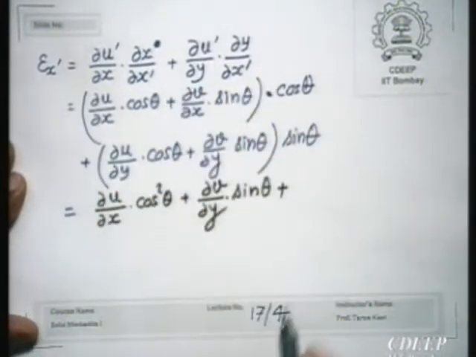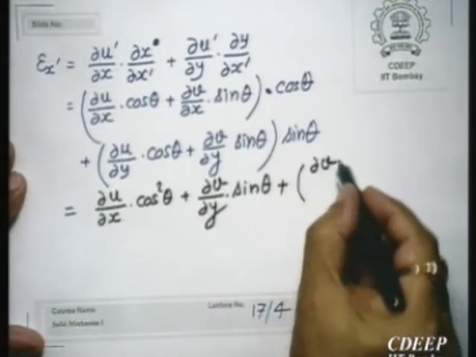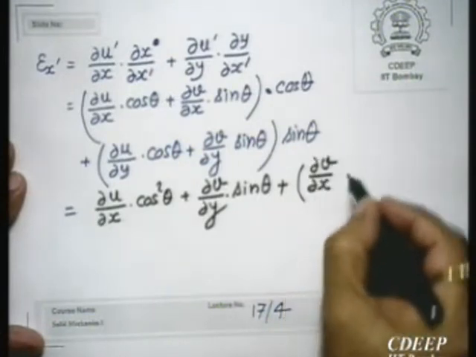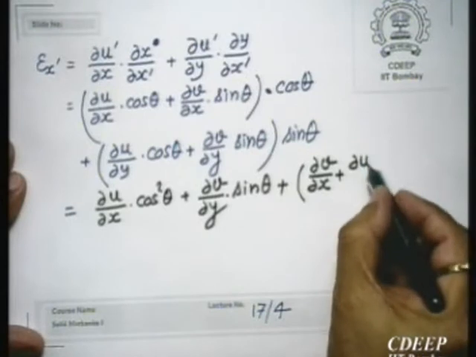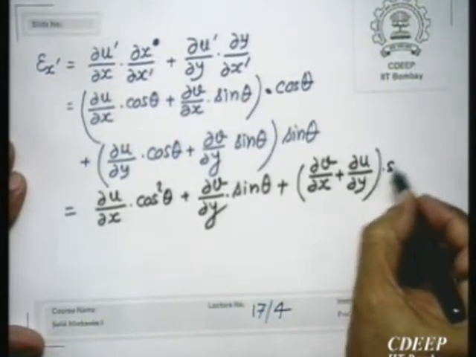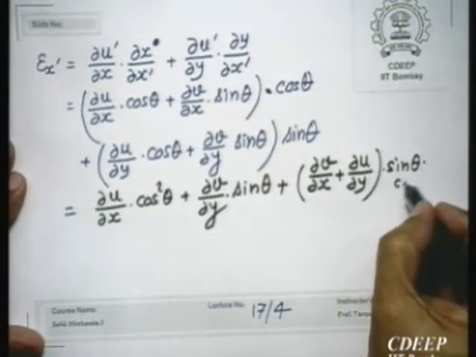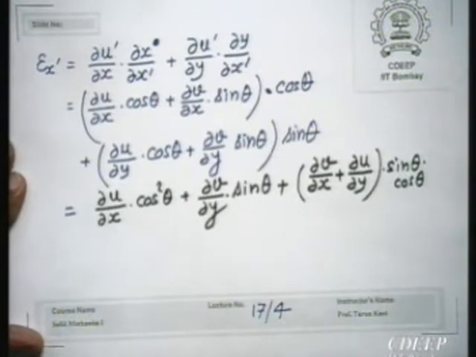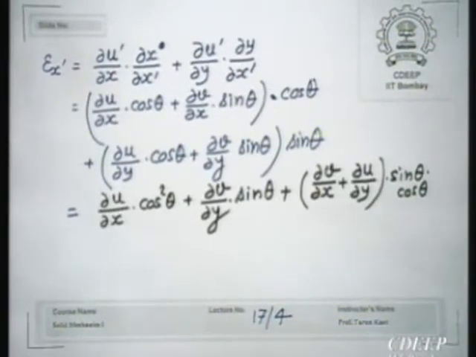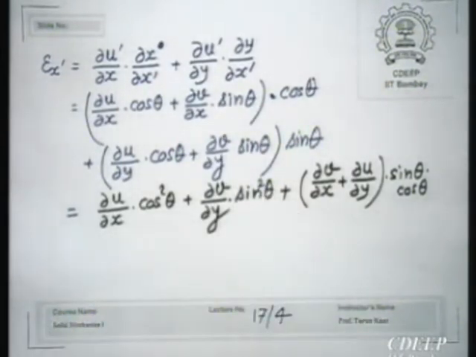So, here it is dv by dx plus du by dy into sine theta cos theta. Is it clear? Any mistake? Okay, very good.